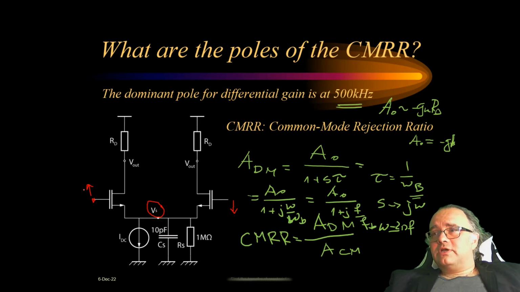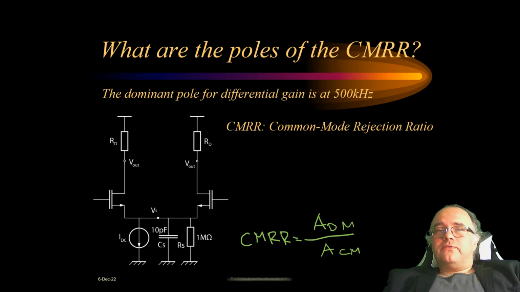As for example this goes down by exactly the same amount, this will go up. Again, this node is in between and it will not change. If this is a small signal ground for differential signals, then these capacitances and resistances will not matter, because they will be connected between ground and ground. So for differential signals there will be no poles or zeros coming from the output impedance of the tail current source.